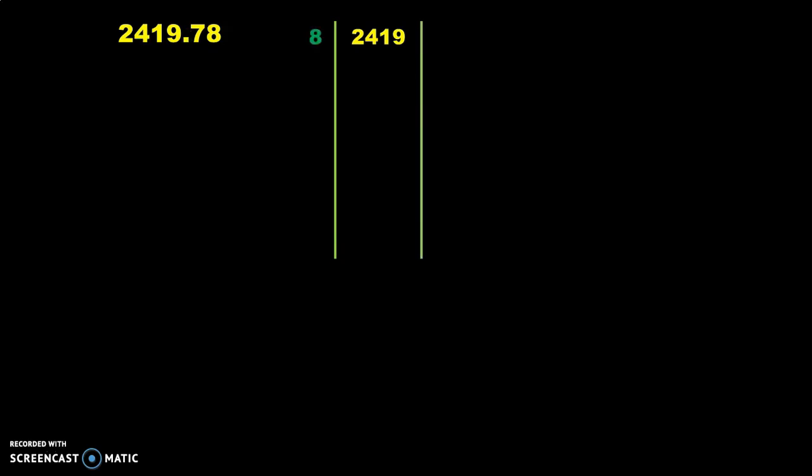If we divide 2419 by 8, then the quotient will be 302 and the remainder will be 3. If we again divide quotient 302 by 8, then the quotient will be 37 and the remainder will be 6.